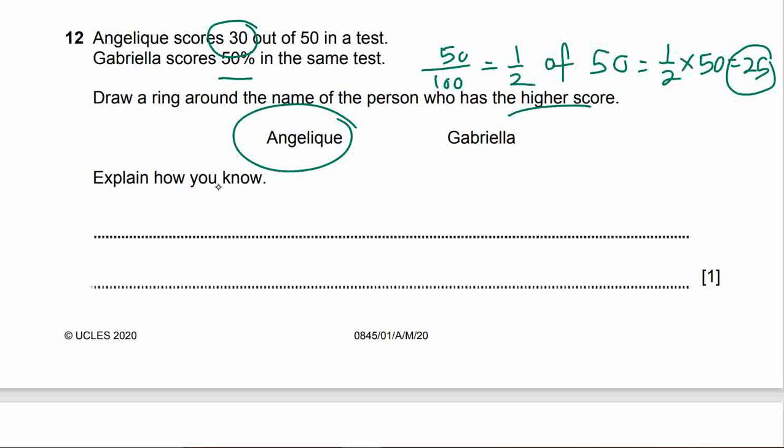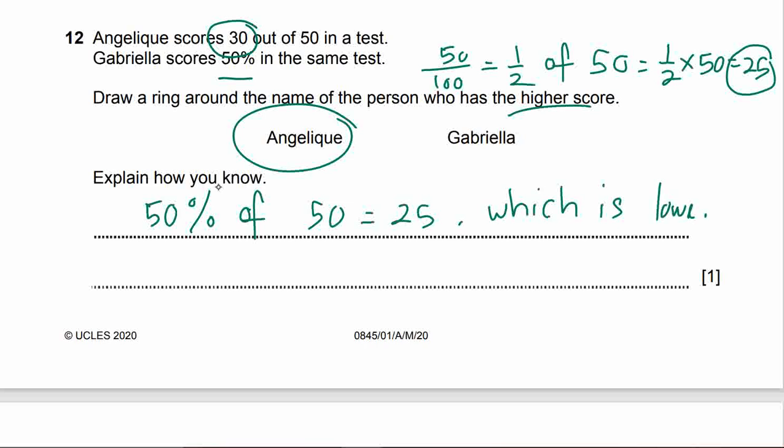Explain how you know: because 50% of 50 equals 25, which is lower. Alright, so Angelique scored highest.